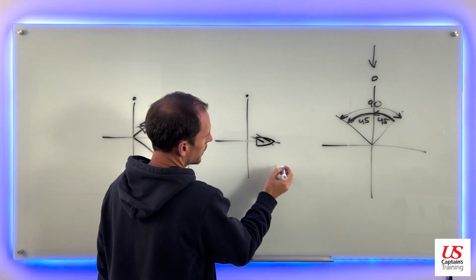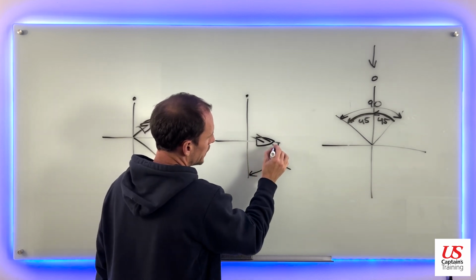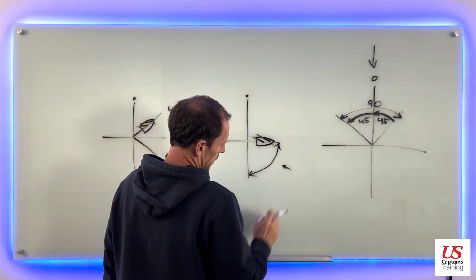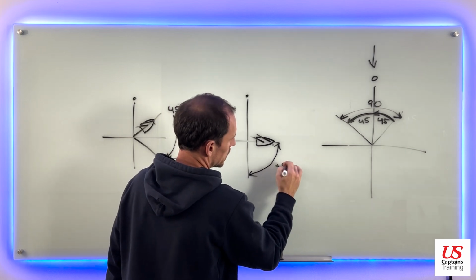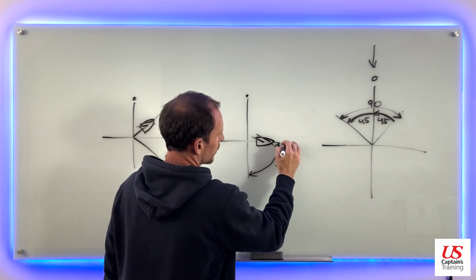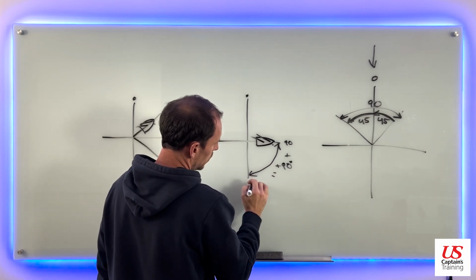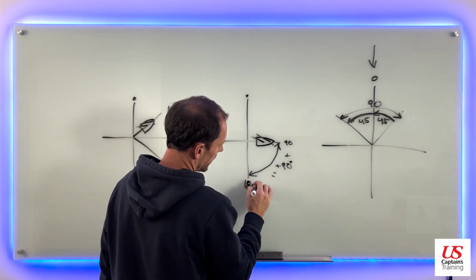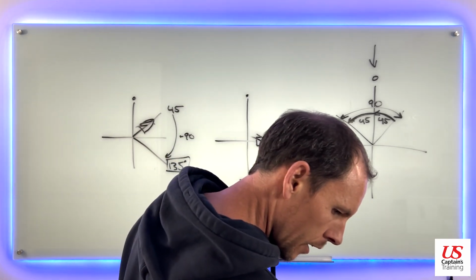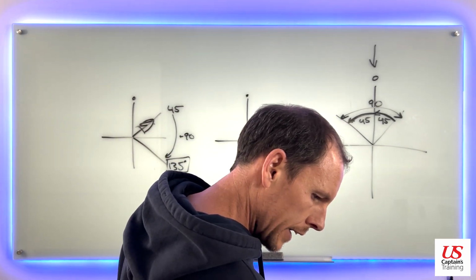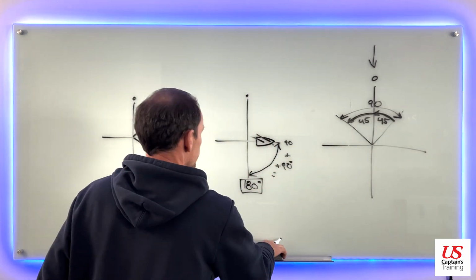Where will we be? The wind's coming from here, so we are going to be here. We're going to be plus 90 degrees. So 90 plus 90 equals 180 degrees. Let's check. C is 180, so 2 is C. That's correct.